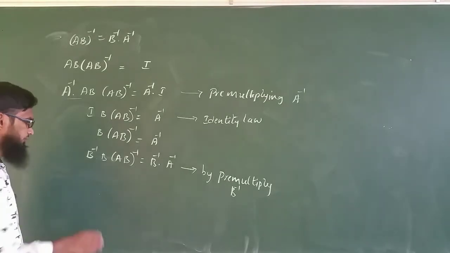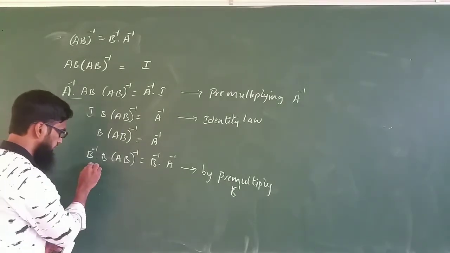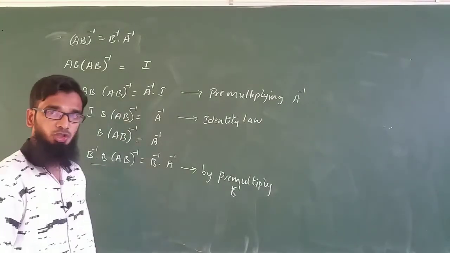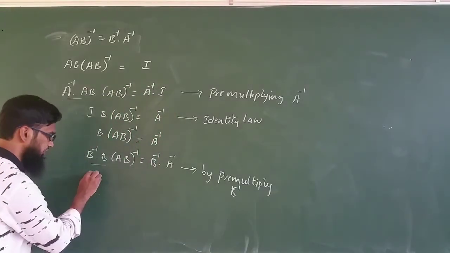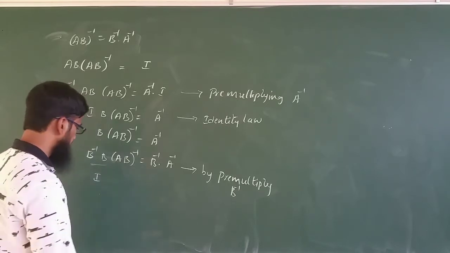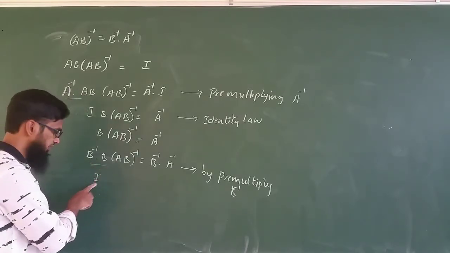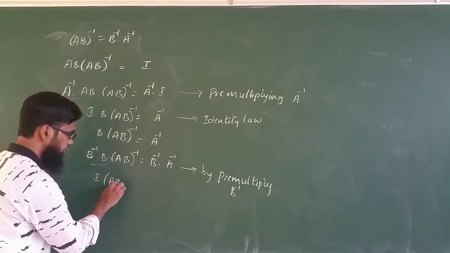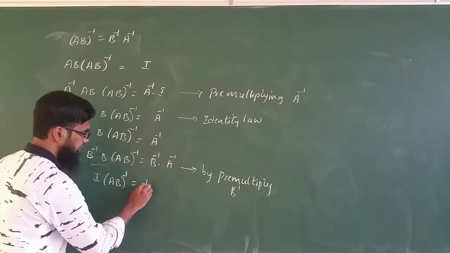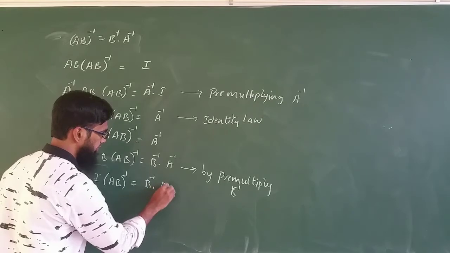Now again this B inverse into B is a matrix I because of the definition of the invertible case. So this B inverse into B is nothing but the identity matrix I. So this is A into B whole inverse, that is B inverse into A inverse.